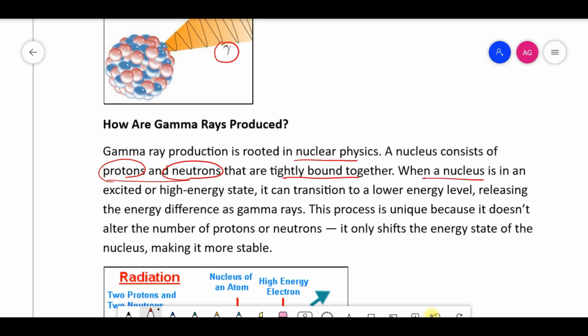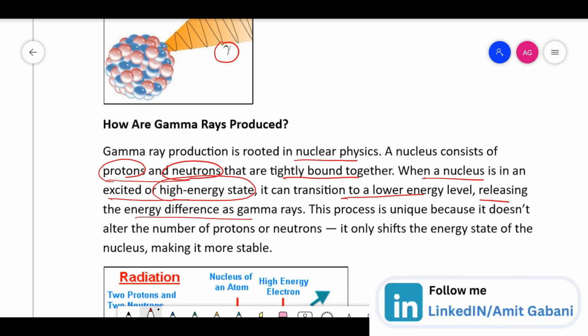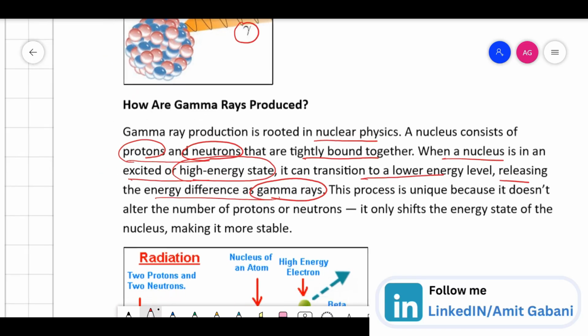When a nucleus is in an excited, high energy state, it can transition to a lower energy level. So whenever a nucleus is in a high energy state, it will try to come to a lower energy state, and it will release the energy difference as a gamma ray.